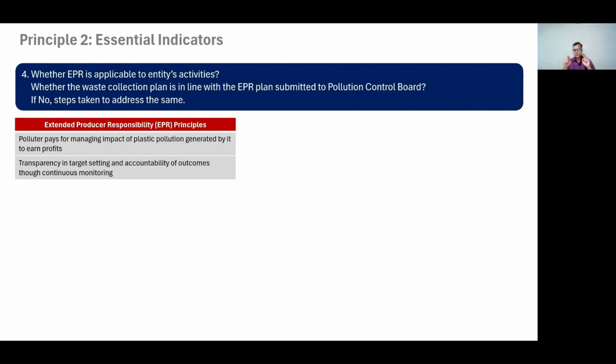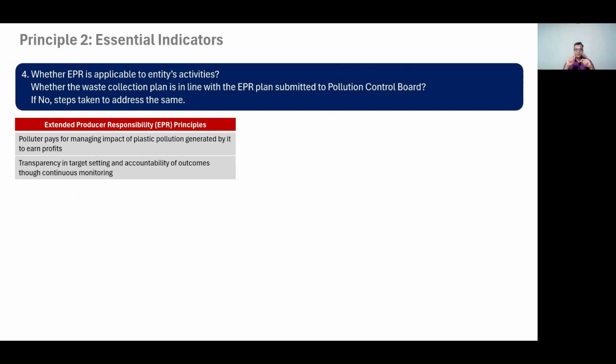So it is its responsibility to clear the same amount of plastic from the market. The second principle of extended producer responsibility is that there should be transparency in target setting. So the target for any company to remove certain amount of plastic or other waste from the market is the amount which it injected into the market. So it is very transparent.